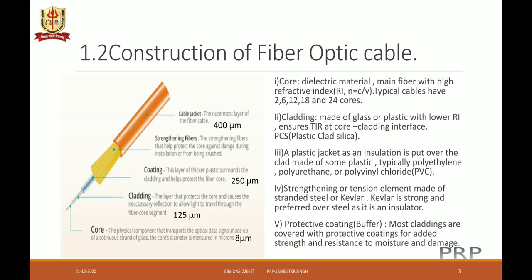This coating could be of 250 micrometer, whereas cable jacket could be of 400 micrometer. So this is the general construction of an optical fiber cable.